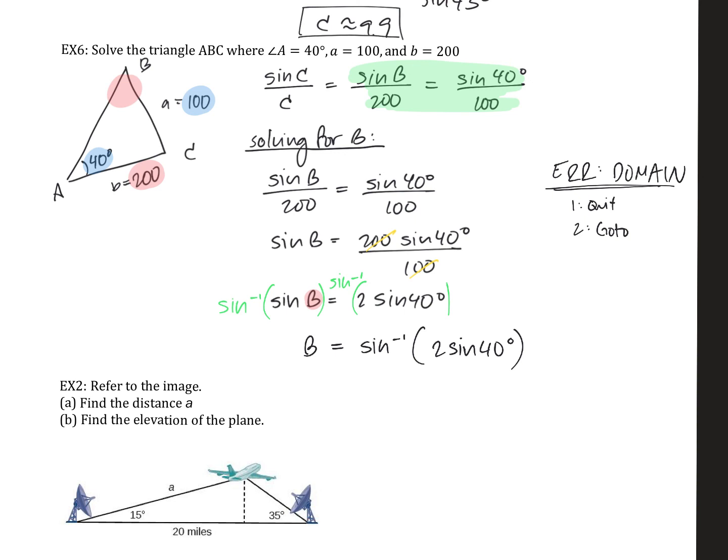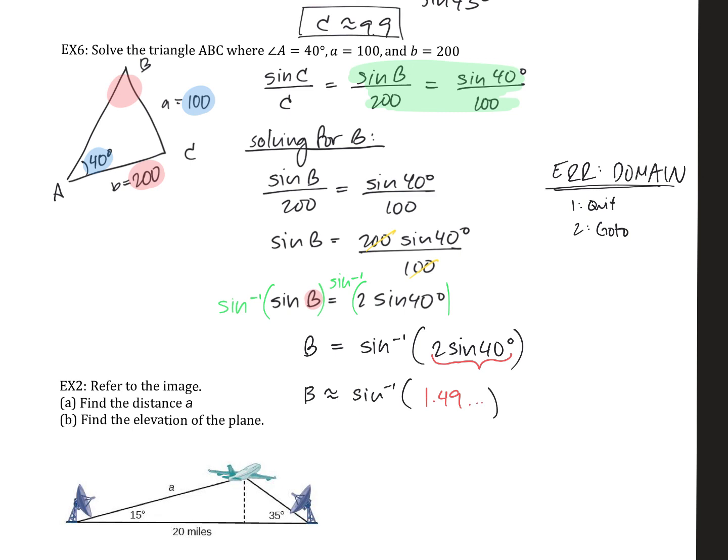Well, this is telling us there is an error with the domain. So first, let's take a look at what 2 sine of 40 is. Plugging that into my calculator, B is approximately sine inverse of 1.49, and so on.